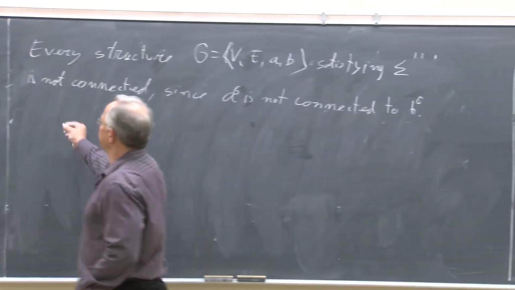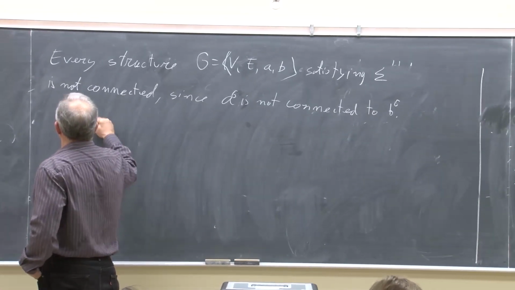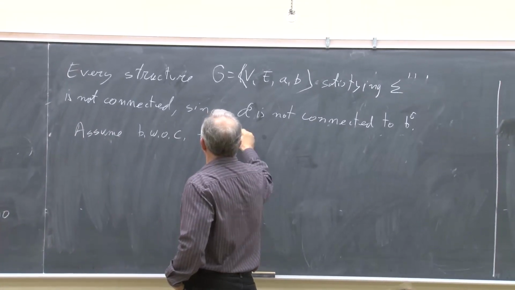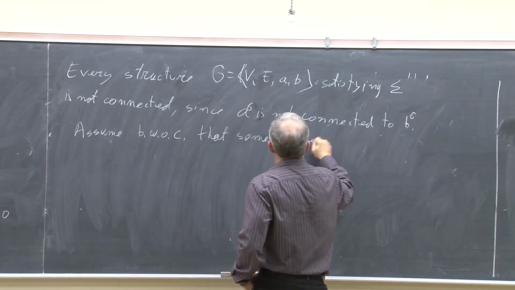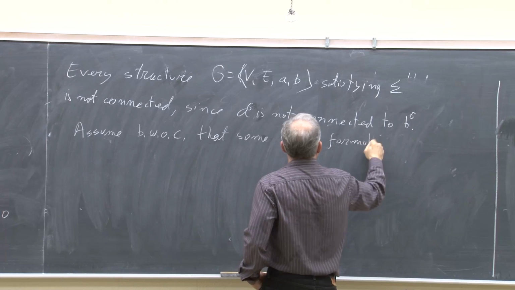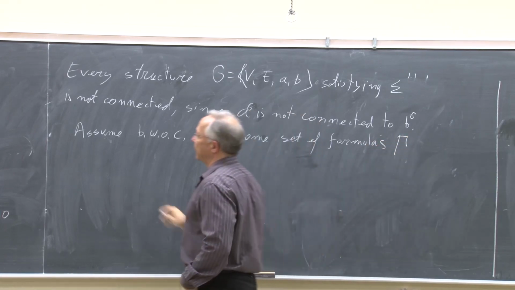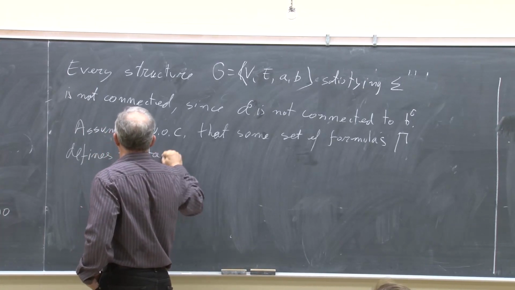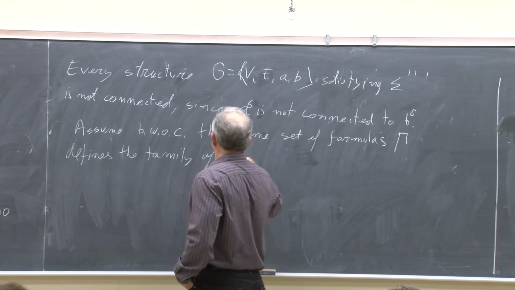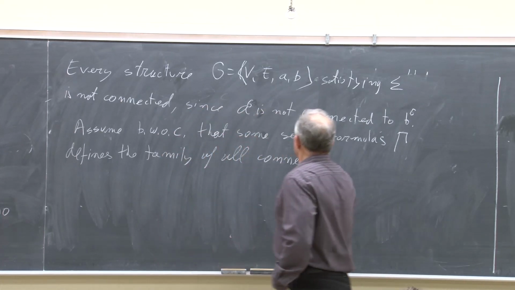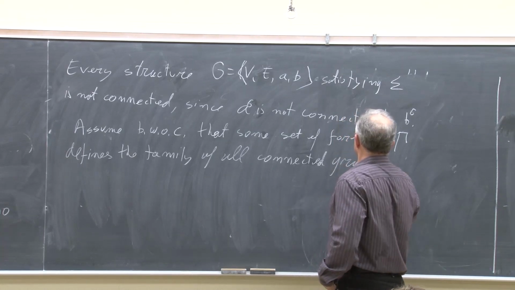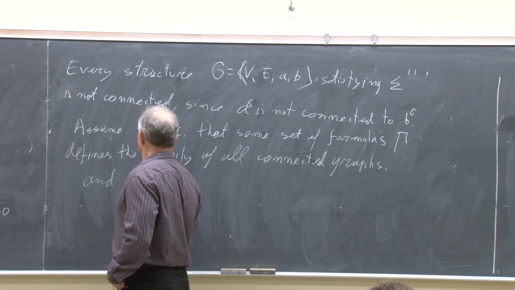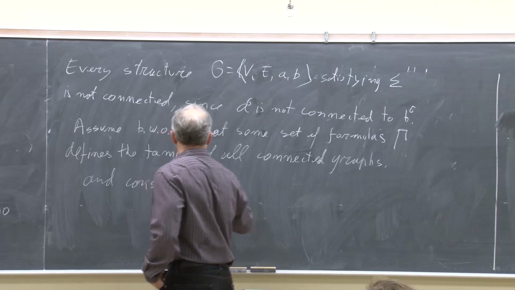And now we assume, by way of contradiction, that some set of formulas gamma defines the family of all connected graphs, and consider sigma union gamma.